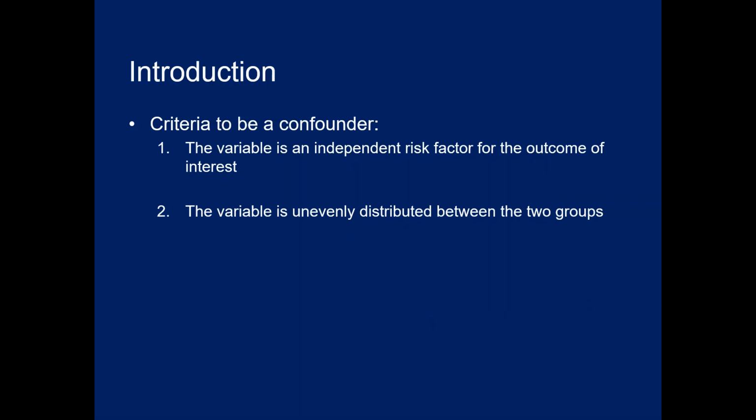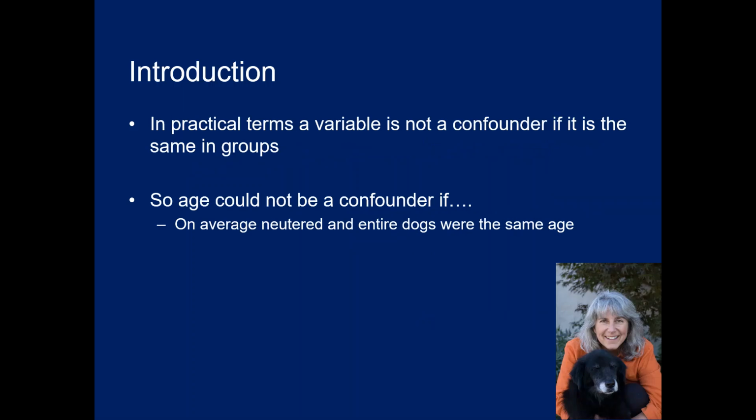The second question we need to answer is, is the variable, in this case age, unevenly distributed between the two groups? Let's unpack what that means. In practical terms, whilst you may believe that age could be a confounder because it's a risk factor, if age on average was the same in neutered and entire dogs, then it couldn't be a confounder.